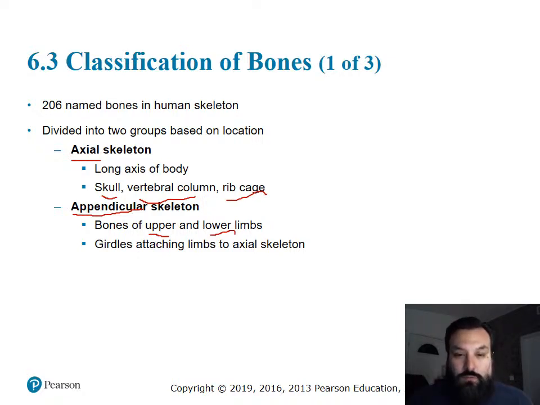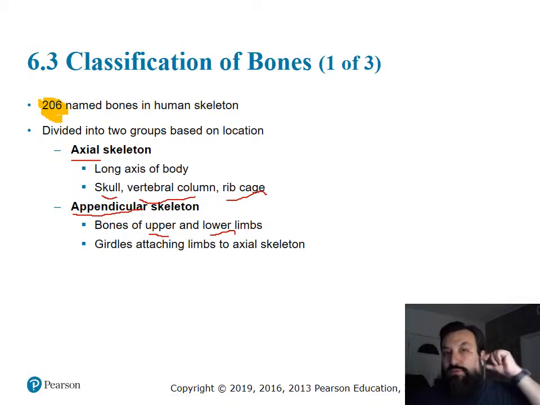All right, so before we go to the next slide, I just want to make sure that you know there are 206 bones in the human skeleton, right? 206 bones. Does anybody know, if you can think of this, where are the 3 smallest bones in our body found? Those are found in the middle ear.